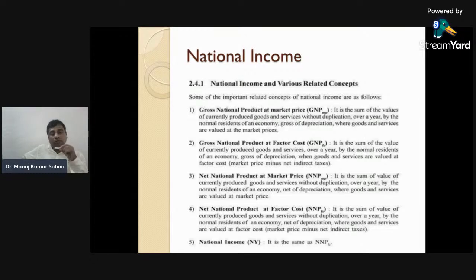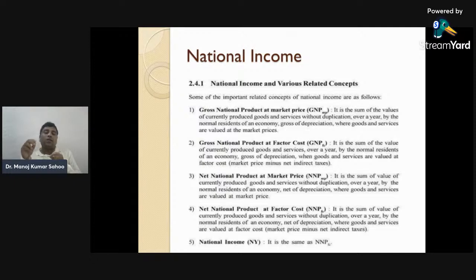Suppose a lecturer works in a college and gets remuneration, and after college hours provides coaching, which is another income, and also works somewhere else in free time and gets some income. Put together from these different sources, that becomes the income of that lecturer, the income of a person from different sources.